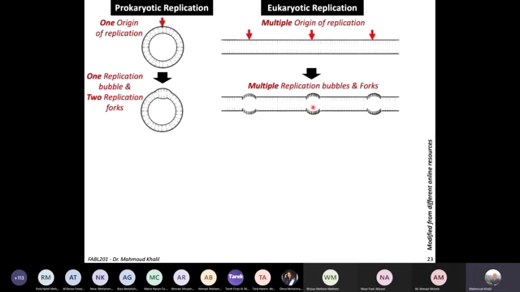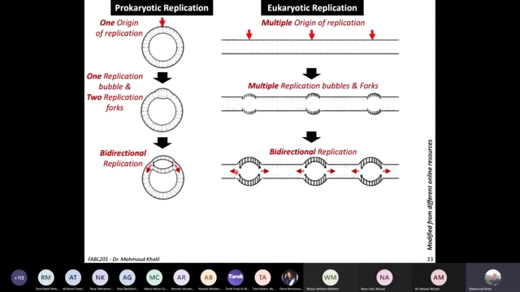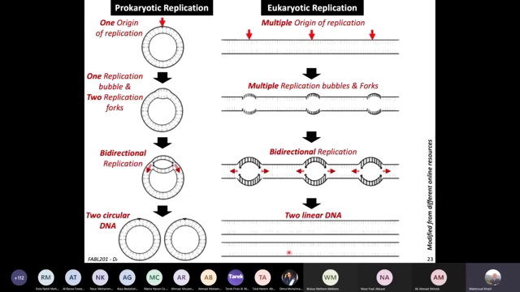Soon after that, the process of replication occurs bidirectionally, as we already have said. But here you can see only one bidirectional replication, and it will cover all the circular DNA until the end. But here the bidirectional replication occurs until replicating the whole linear DNA. Finally, you get two circular DNA, and here you get two linear DNA.